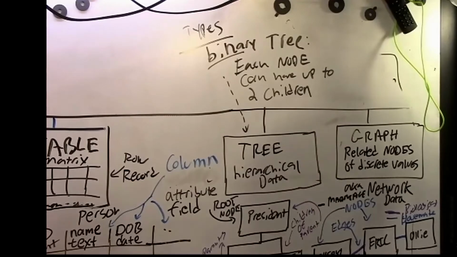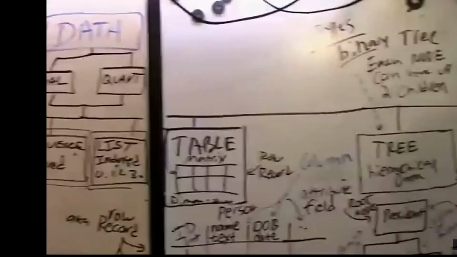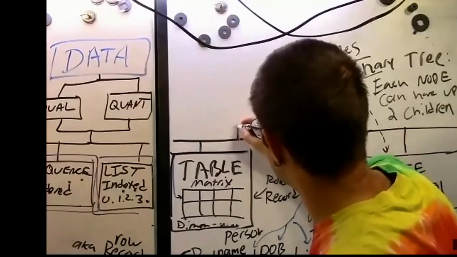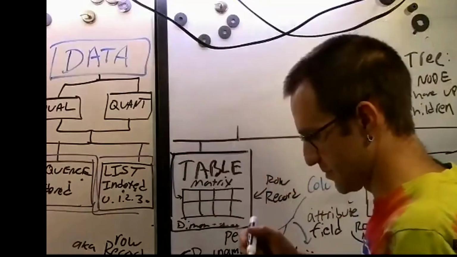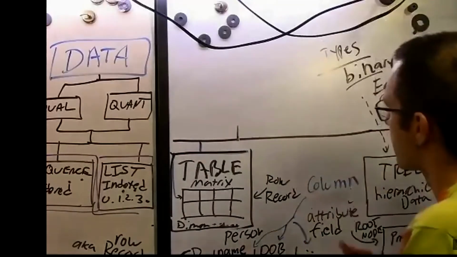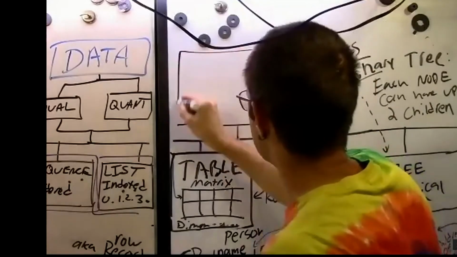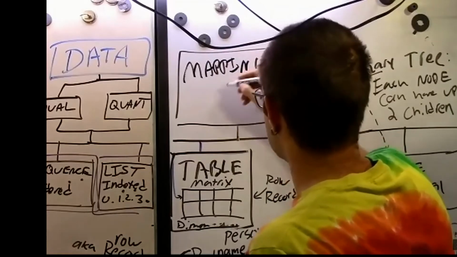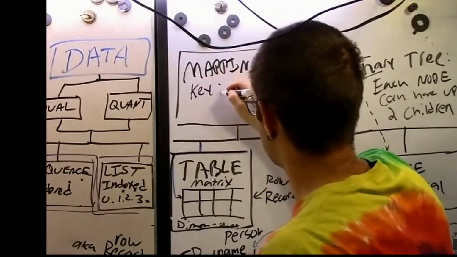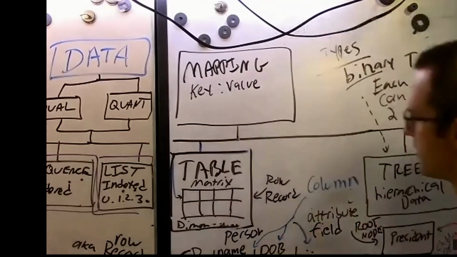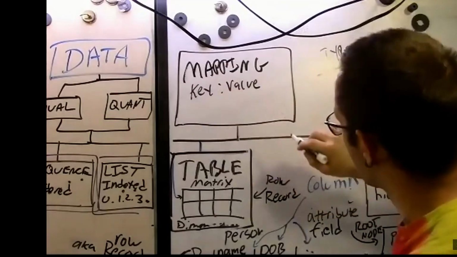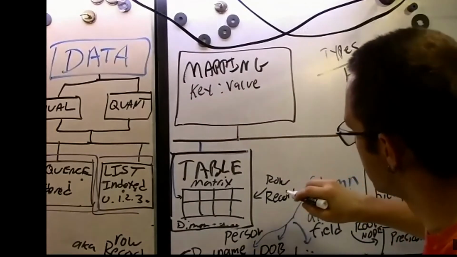Ah, yes, maps. Our last structure, let's go over here. We're going to make this not a tree anymore. It's going to be more like a timeline. The last type that you might encounter is a mapping. And so these are key value pairs in which the keys are searchable and the values are connected to those keys.